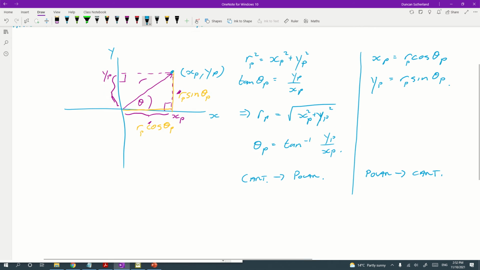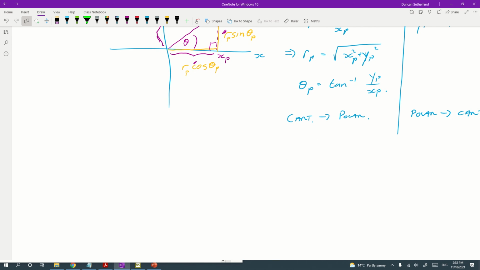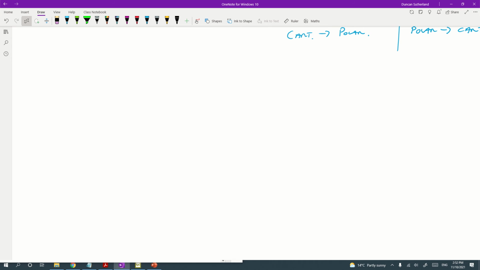The next thing we have to worry about, especially when we come to doing integrals, is the area elements. Now, as I said for Cartesians earlier, we've got a very simple coordinate system. We've got x, this is say x plus delta x, this is point y, this is y plus delta y, right?